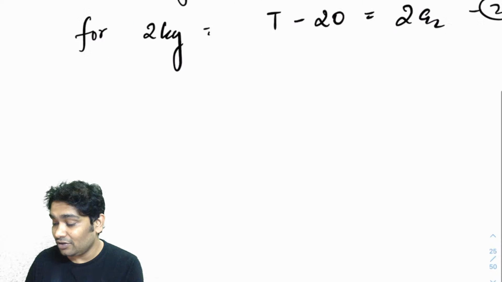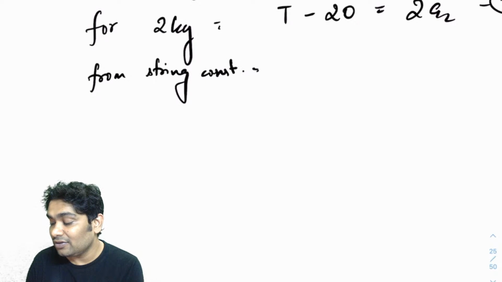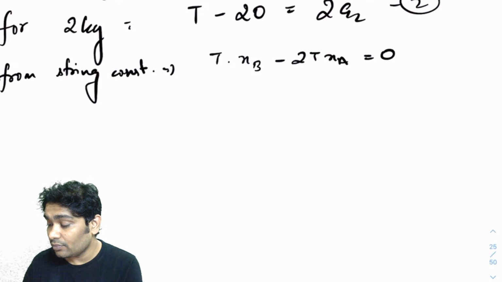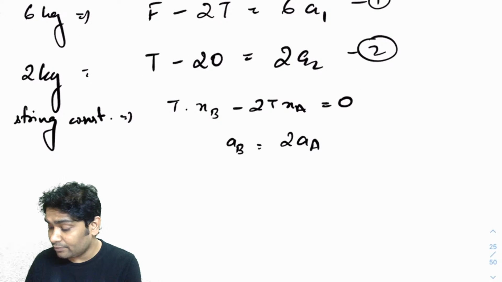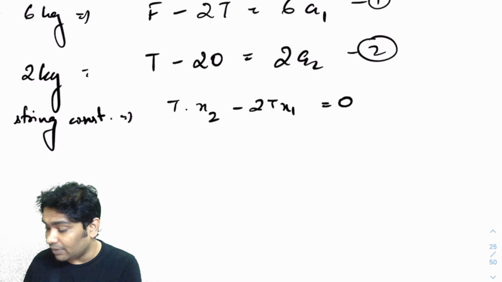From the string constraint, T into xb minus 2T into xa equals 0, which means acceleration of b would be equal to 2 times acceleration of a, which I'd assumed to be a2 and a1. Let's just stick to x2 and x1. So this is one more equation that I'm getting.